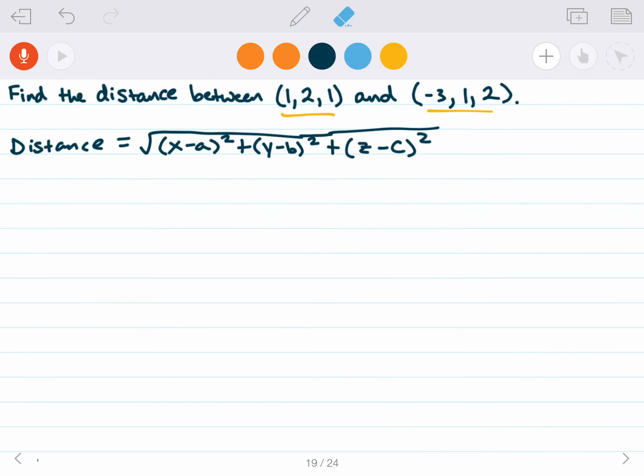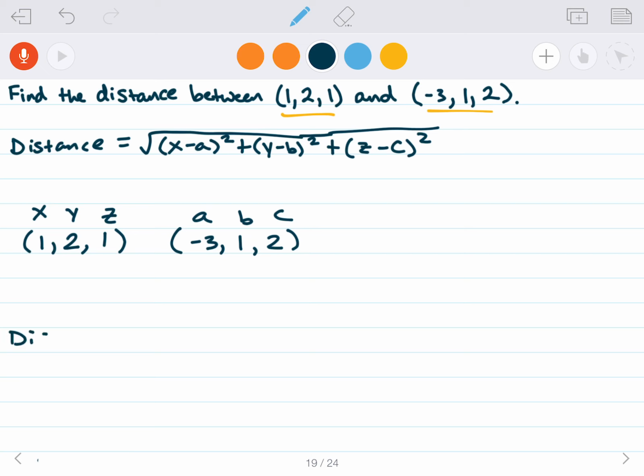Our first point we can call x, y, z, or you could say it's a, b, c, it doesn't matter. So this one we could say is x, y, z, and then the second point is a, b, c, and then we'll just plug these numbers into our formula to get the distance.